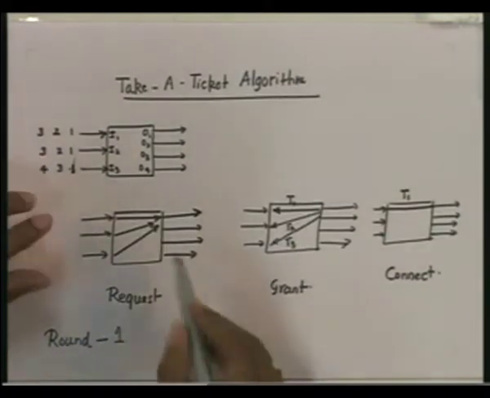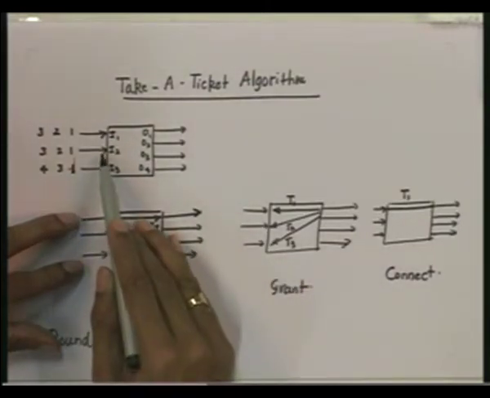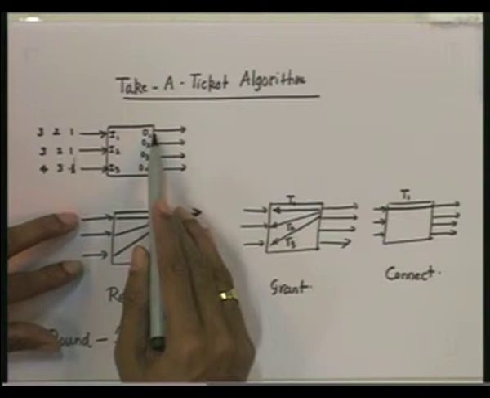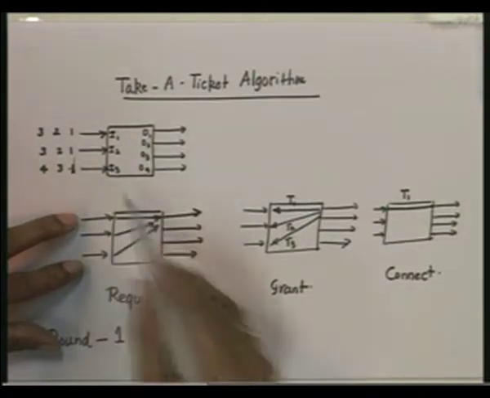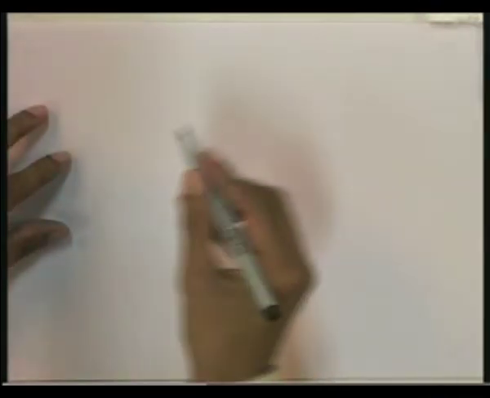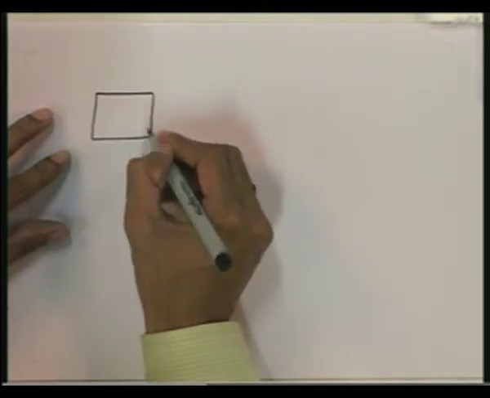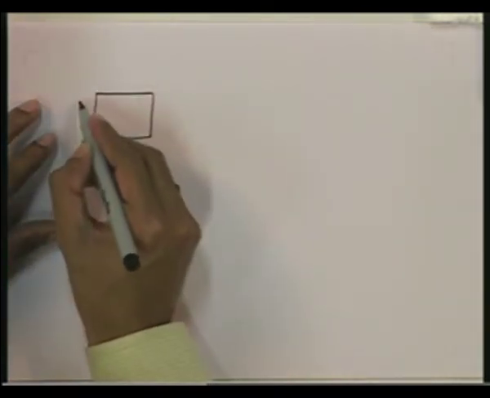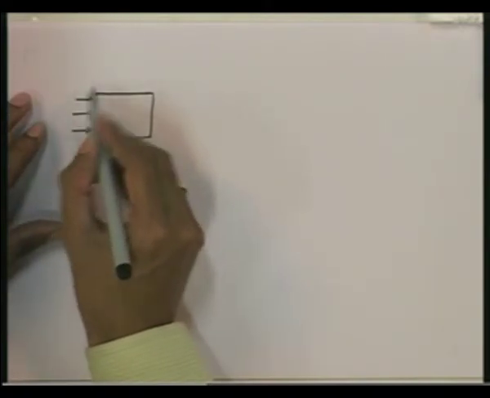Now let us see what happens in round 2. As you can see, input port 1 has already sent packet 1.